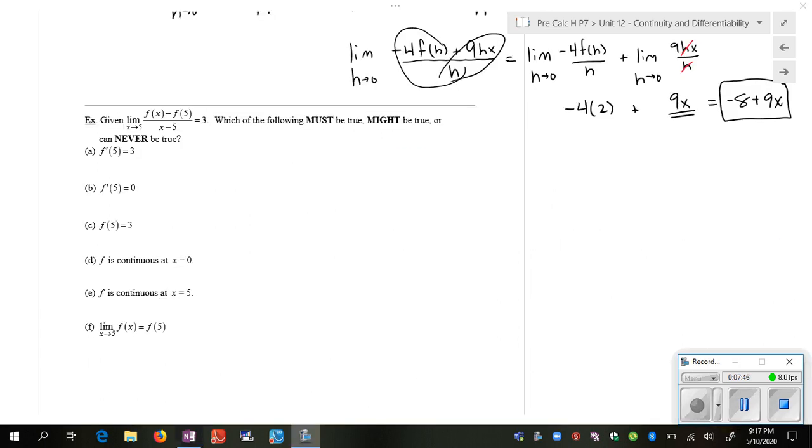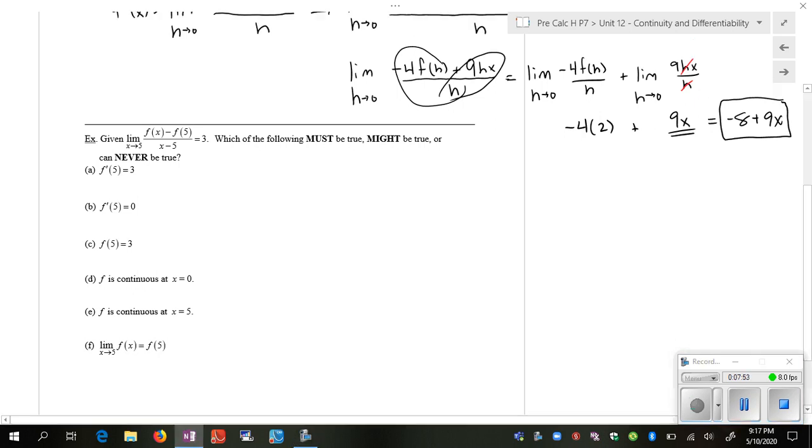All right, so the last question here gives us the limit or alternate form of the definition of the derivative. So this is essentially stating that if that limit is true, again, we would end up with indeterminate form.